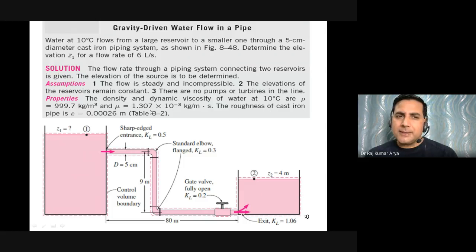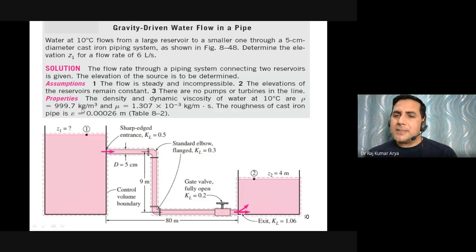You see here, these are the data given to you. Viscosity of the fluid, which is water, is given to you 1.307 into 10 to the power minus 3 kg per meter second or Pascal second. Density is 999.7, so you can take 1000 also, that's the same thing.